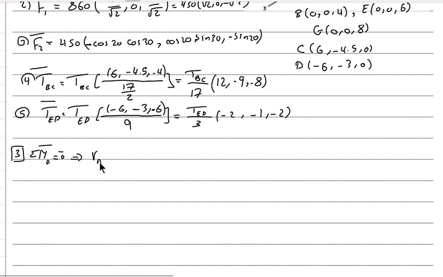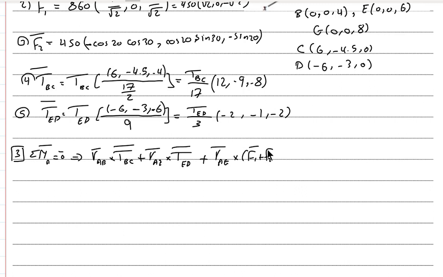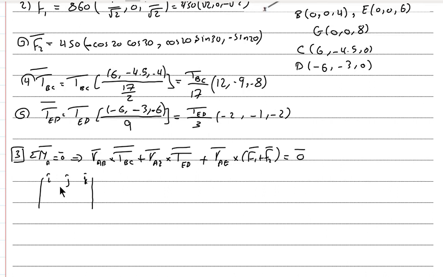We can write RAB cross TBC, and then also RAE cross TED, and finally plus RAG cross F1 plus F2 vectors, equal 0 vector. And now we should construct the three determinants.